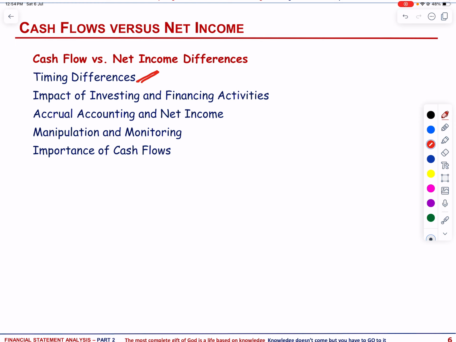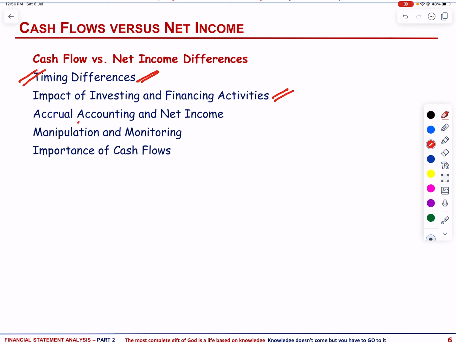That's why there is a difference between the cash flow and the net income. This is one of the reasons, timing difference. Then we have the impact of investing and financing activities, that is, cash flows from these activities do not always immediately affect the income statement.